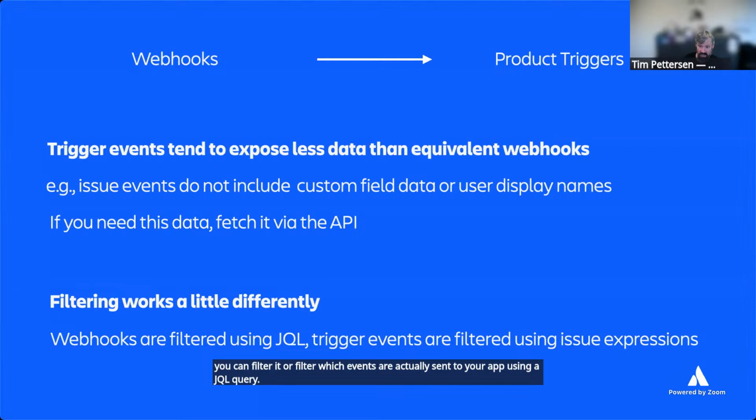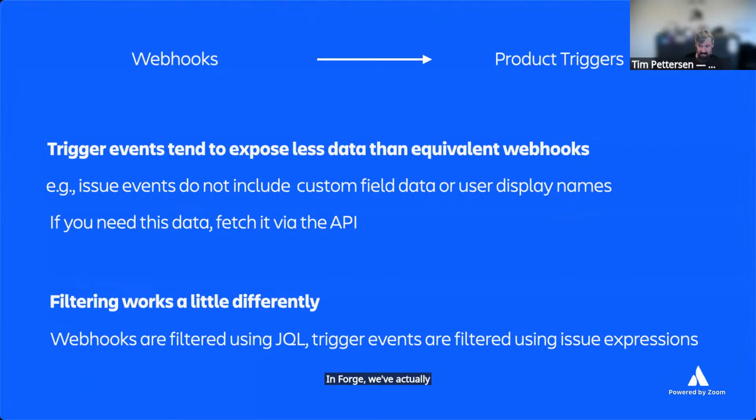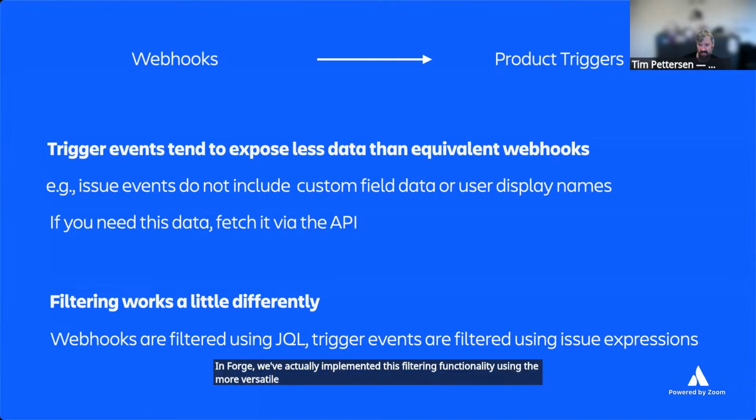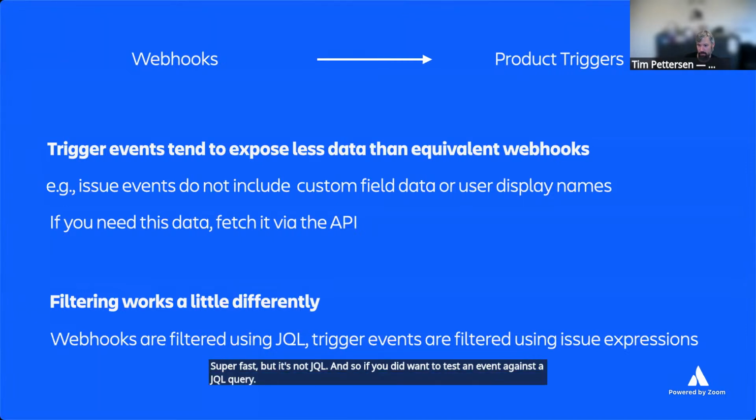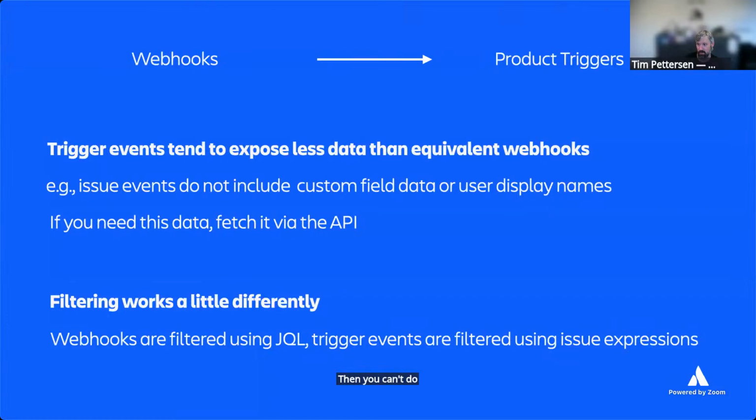In Forge, we've actually implemented this filtering functionality using the more versatile issue expression language, which are called issue expressions, which probably would be a good topic for a dev den at some point. It's a super powerful language if you haven't used it before, super fast, but it's not JQL. And so if you did want to test an event against a JQL query, you can't do that directly in a Forge product trigger today.